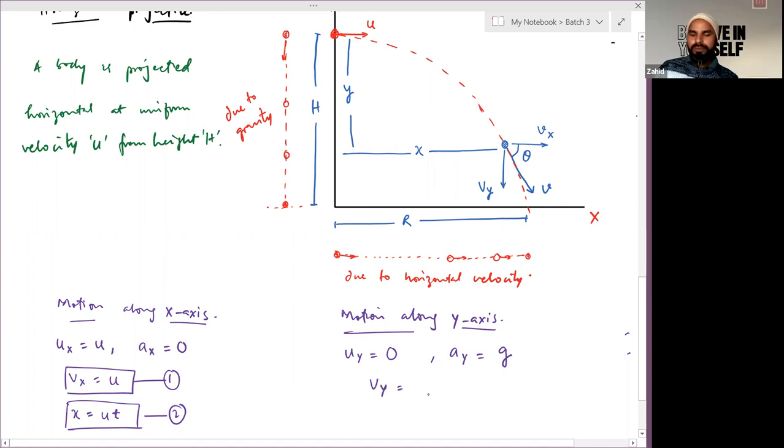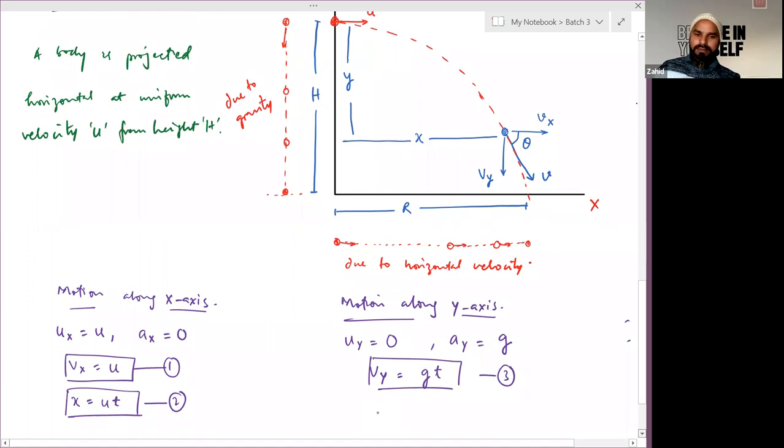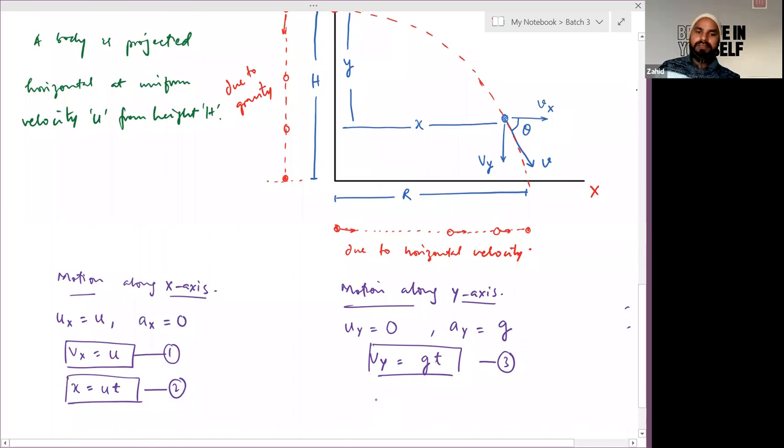V is equals to u plus at. U is 0, so you'll get just g into t. Equation third. And displacement along y-axis would be s is equals to ut plus half at square. U is 0, so you'll get half gt squared is equals to y. So this will be equation 4.